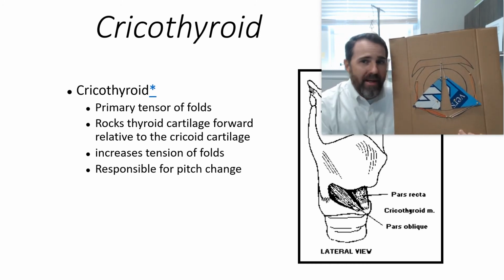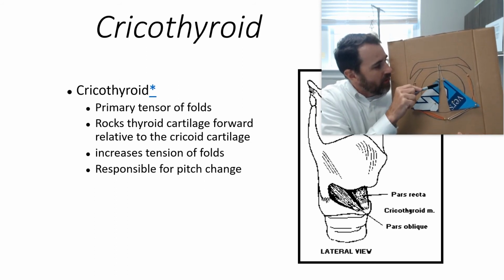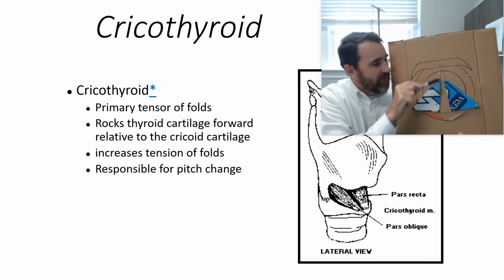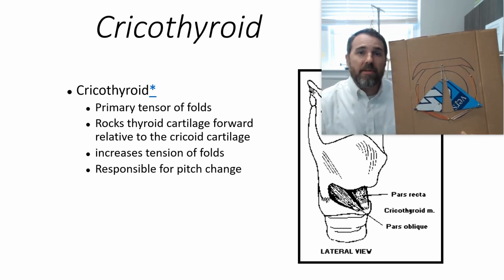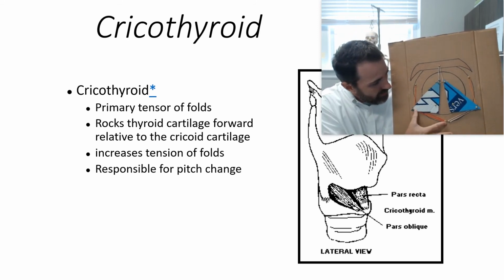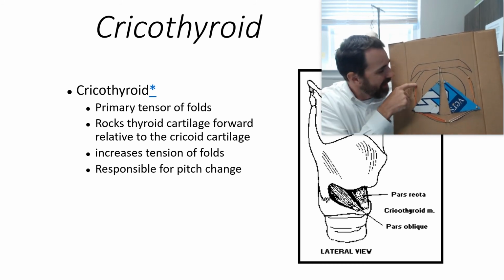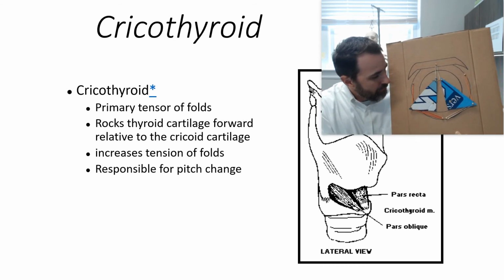Now, I have a number of rubber bands here that represent muscles. This rubber band that runs from the tips of the arytenoids to the back of the thyroid represents the vocal folds, the thyroarytenoids. Here we have the posterior cricoarytenoid and the lateral cricoarytenoid.